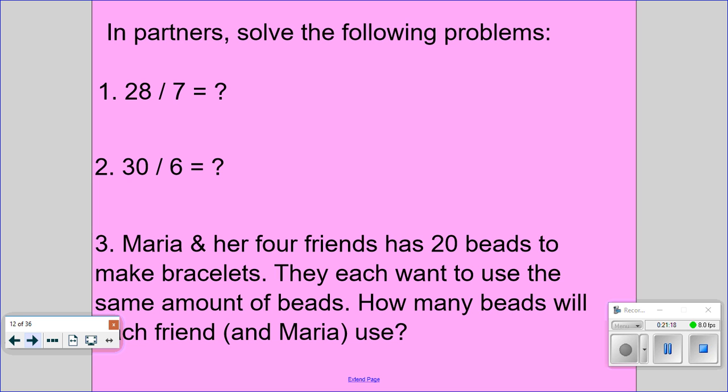Then you're going to go down to the middle of the page to write question number 2. 30 divided by 6 equals question mark or box. And then on the next page, you're just going to write a number 3. You are not going to write this whole question, I guess I should say. But I do want a space.